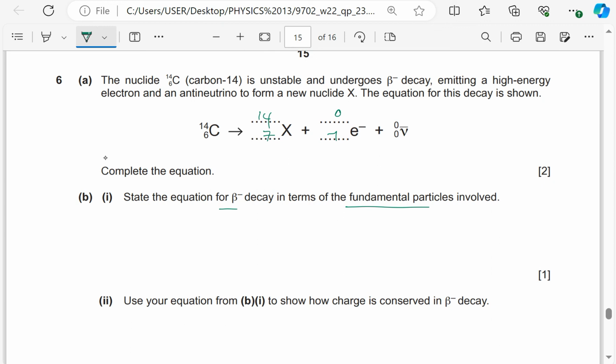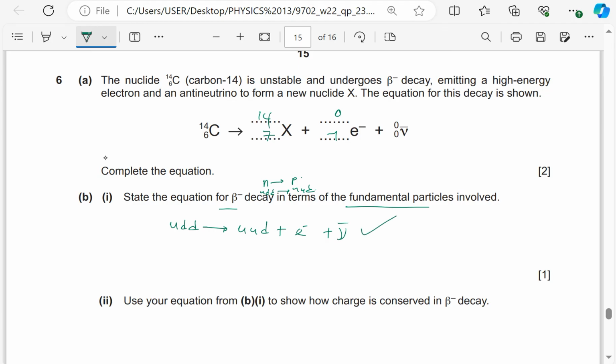State the equation for beta minus decay in terms of the fundamental particles involved. So for beta minus, it is a neutron which changes into a proton. So if a neutron changes into a proton, we have up, down, down changing to up, up, down, plus an electron, e minus, plus, of course, the antineutrino that we have seen above.